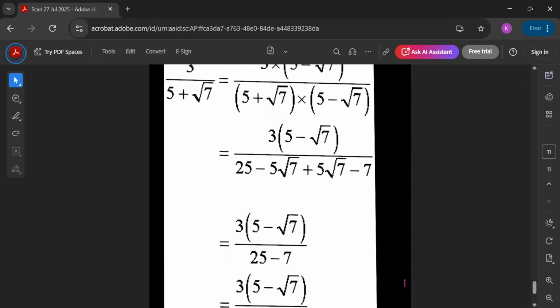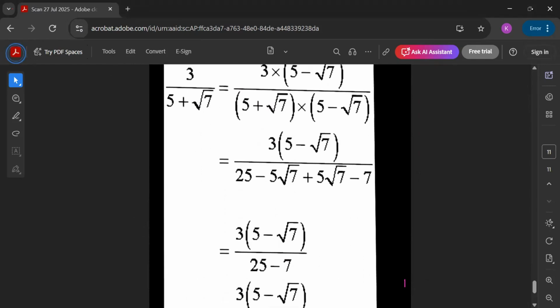Okay, this is another method. I just want to show it to you. Here they have multiplied this, then this, then this, then this. But I would prefer using the third identity. This multiplication method can be used if a student doesn't remember the identity. Rather than that, the better thing is to consider it as a plus b, a minus b.